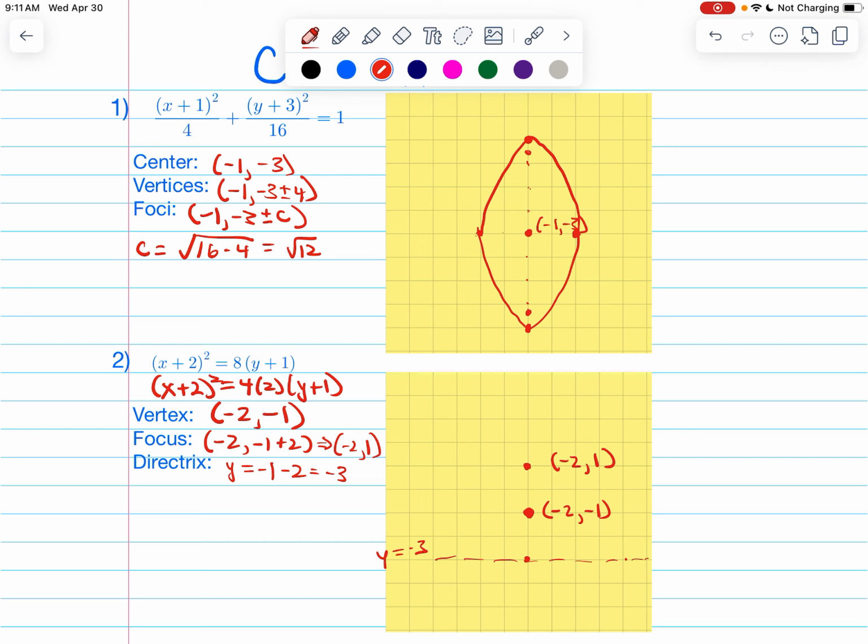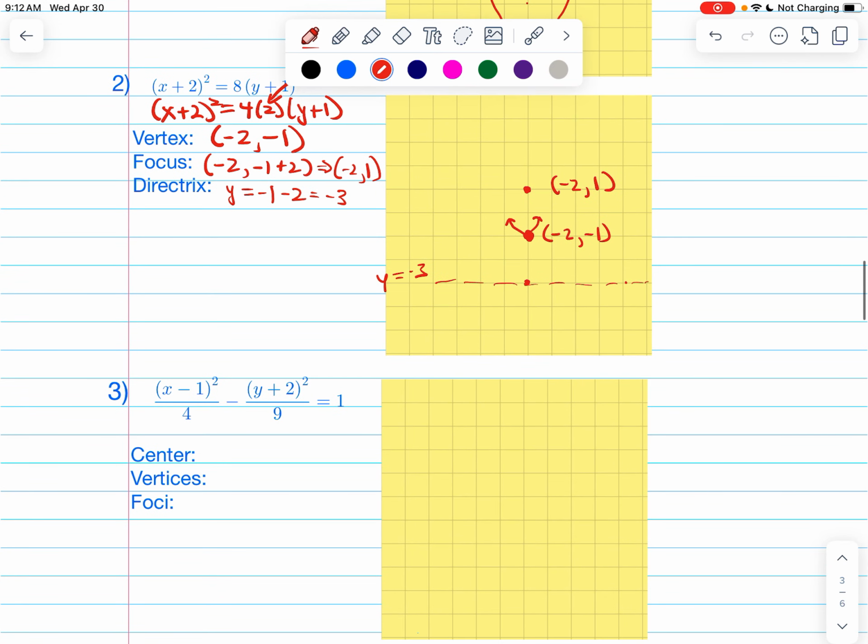So notice what I've done. From the vertex here, I went up this amount, 2, and then went down 2. Now, I'll just do a real basic sketch here, just to indicate which way this parabola is opening.